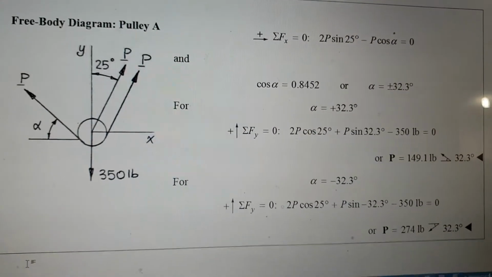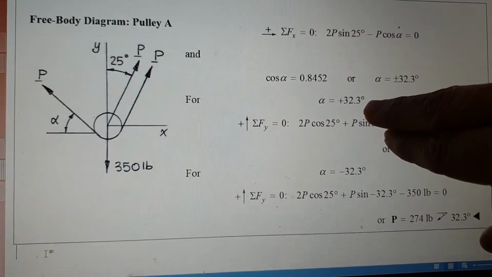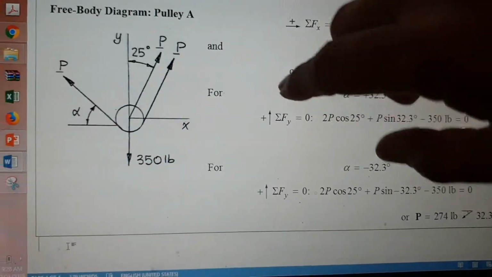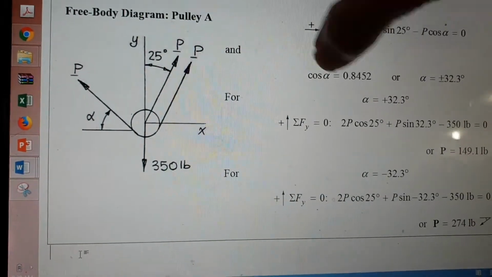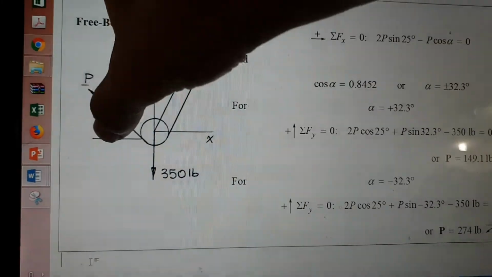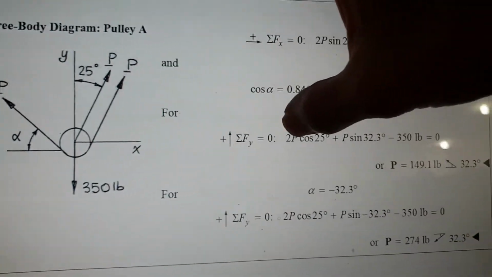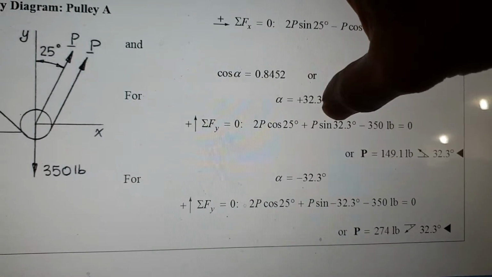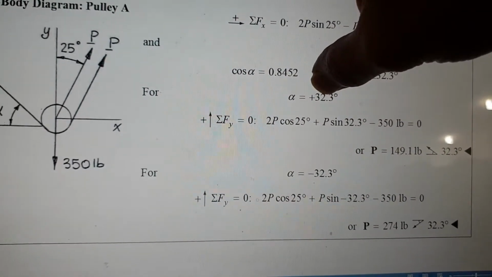So let's do summation of force in y for the first angle, plus 32.3. In the y, you can see that we have two B's, 2B cosine 25, and P sine alpha. Which alpha are you going to take? The plus 32.3.